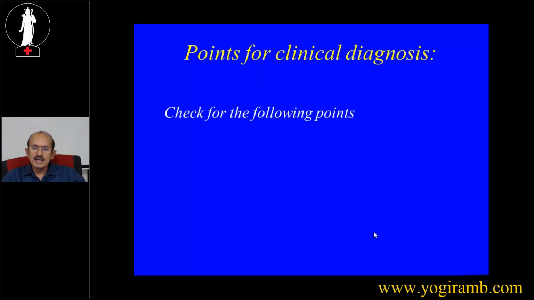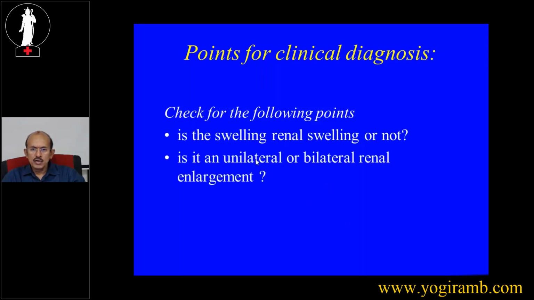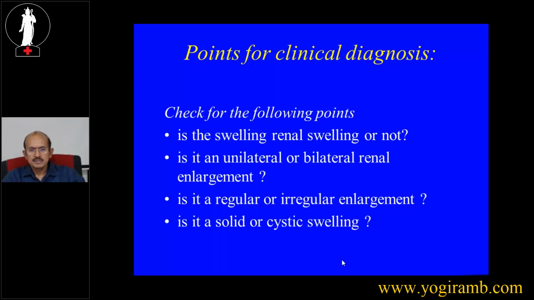So whenever you feel a kidney swelling, you must check for these points. Is the swelling a renal swelling or not? Is it unilateral or bilateral renal enlargement? Is it a regular or irregular enlargement of the kidney? Is it a solid or a cystic swelling?